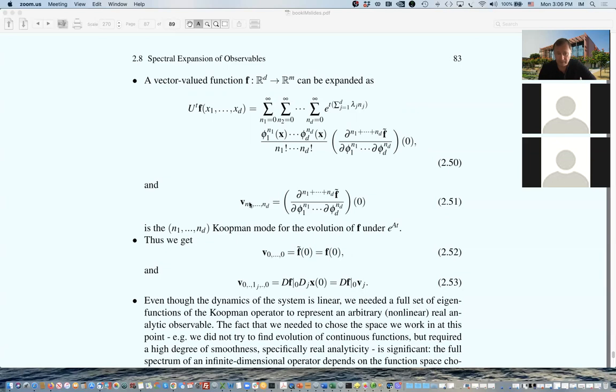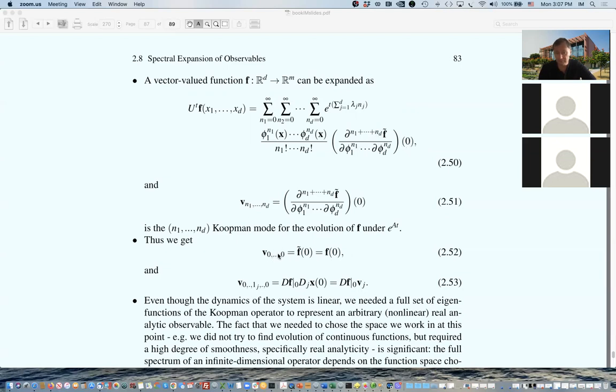In this case, okay, let's select for n1 to nd all zeros. If we have all zeros, then that is the zeroth, quote unquote, zeroth derivative of f tilde. So it's just the value of f tilde at 0.